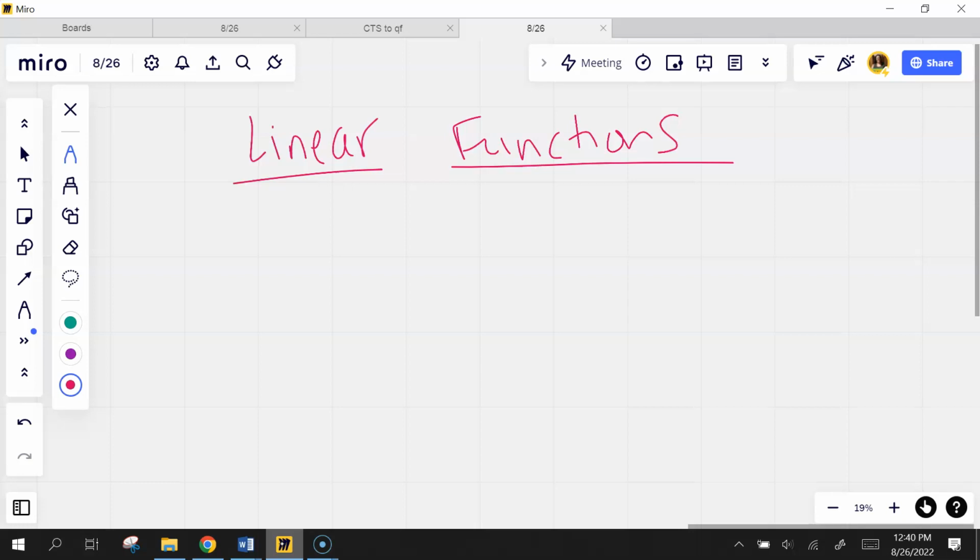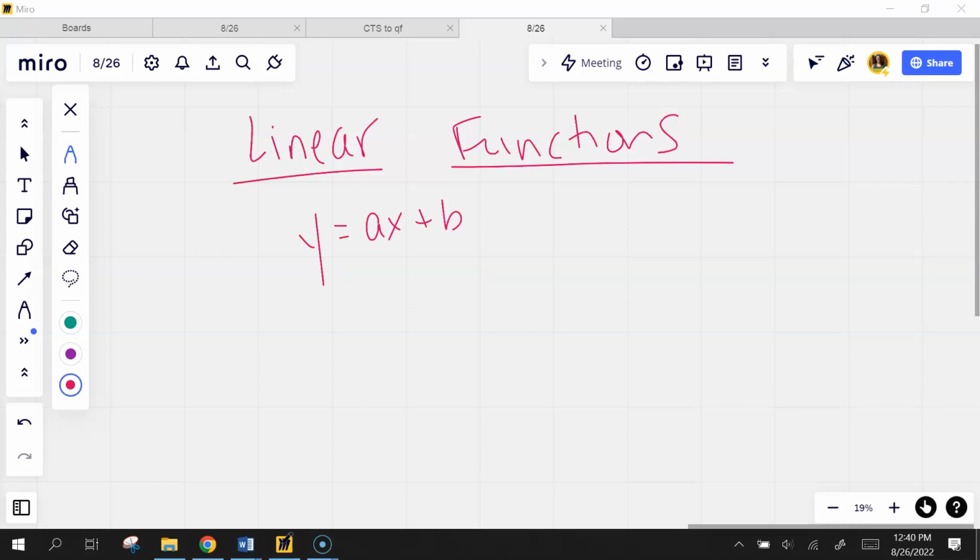Define linear functions for me. If you had to give me a definition. Not a graphical definition. Okay, ax plus b. But give me some more definition there.